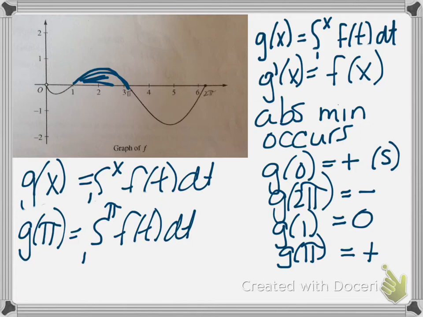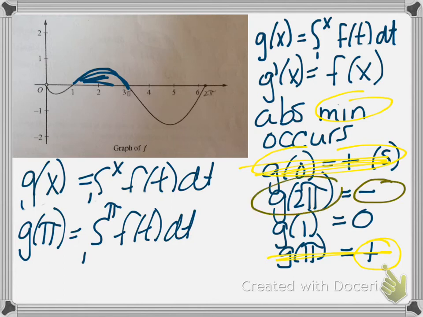This one is positive. That's positive. And we're looking for the absolute min. So definitely that's out. Here's another positive, so that's out. And so now you have to choose between a negative number or 0, which is going to be the smaller number. It's going to have to be the negative. So therefore, the min occurs at 2 pi.